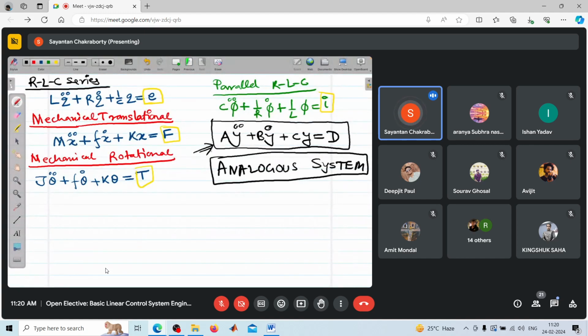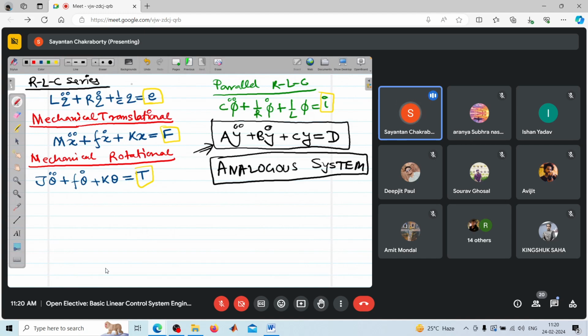The major advantage is that once you achieve the electrical analogous, you can vary any parameter as you wish, and you can interpret the variation in R, L, and C as the variation in mass, spring constant, or damping coefficient. That is how we can represent a mechanical system via an electrical system.